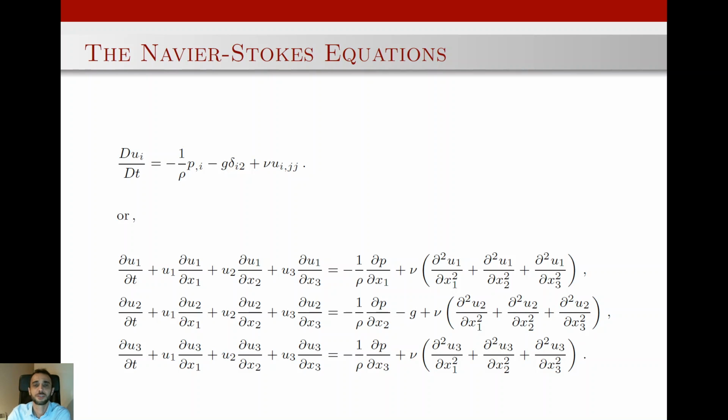In general, we should be able to solve this system of equations because we have 3 momentum equations and 1 continuity equation, so 4 equations in total, and we have 4 unknowns in general, that is the 3 velocities and 1 pressure. In practice, however, except for very simple and basic problems, there is no analytical solution to this set of equations.